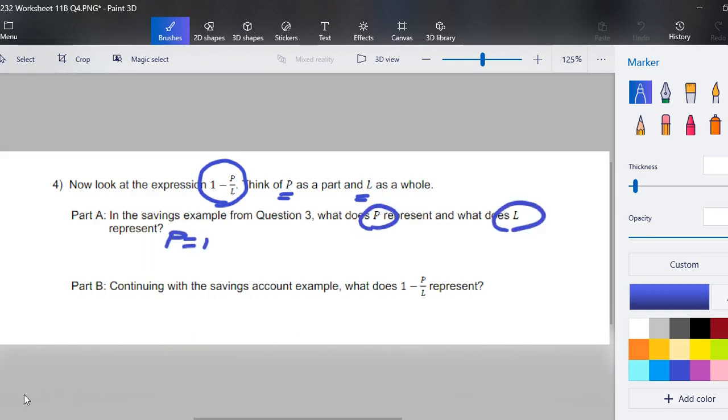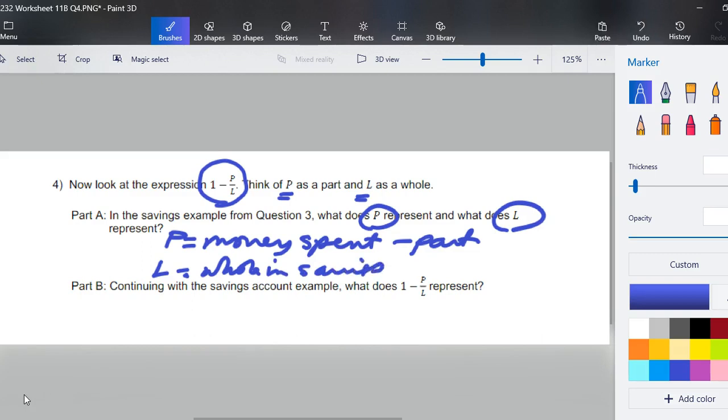Well, P is the money that I spent. It's the part of the savings, that part that I spent. And L, well, that was the whole amount in my savings. Continue with the savings account example. So then what did 1 minus P over L end up representing?